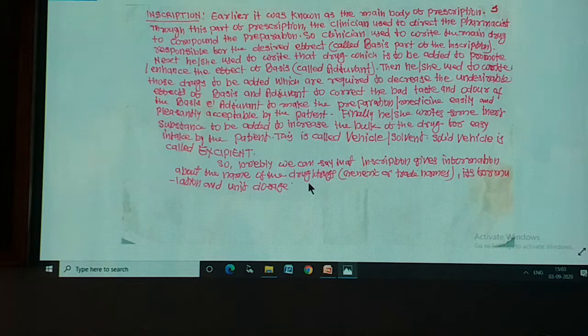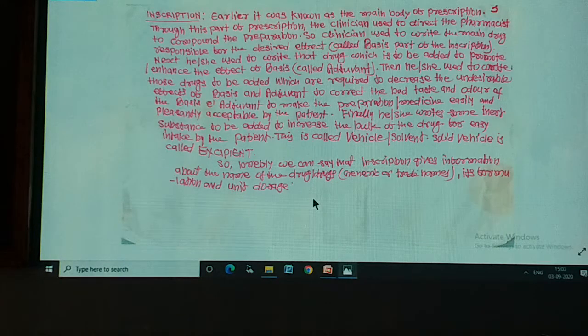the drug to counter the undesirable effects of the basis, and a corrigent to correct the bad taste and odour of the basis, and a corrigent to make the preparation or medicine easily and pleasantly acceptable by the patient. Finally, he writes some inert substance to be added to increase the bulk of the drug for easy intake by the patient. This is called vehicle and solvent.